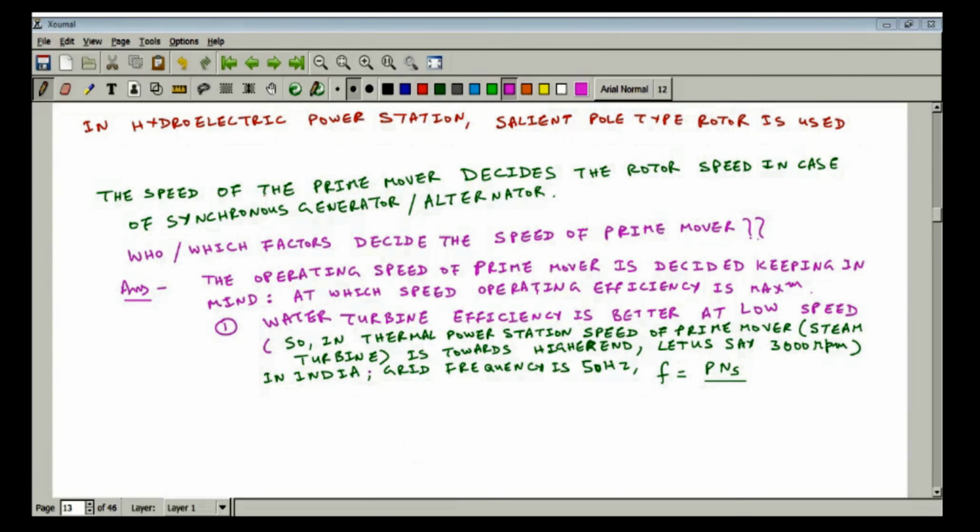So in hydropower station I have to replace the word thermal by hydro. In hydropower station the speed of prime mover, that means the water turbine.